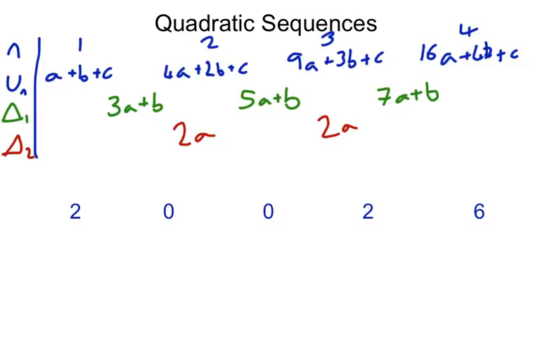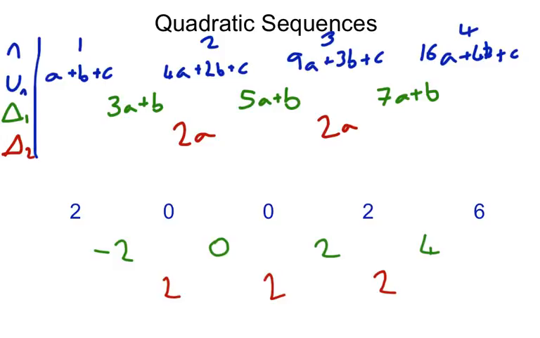The first thing we do is we find the first differences. So the first differences are minus 2, 0, 2, and 4. The second differences are 2, 2, and 2.